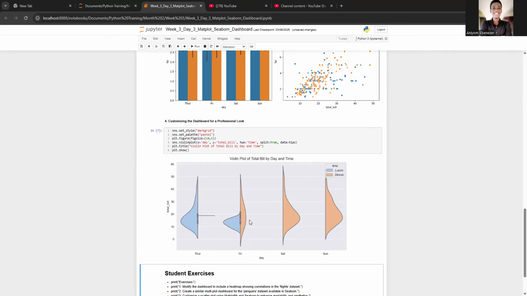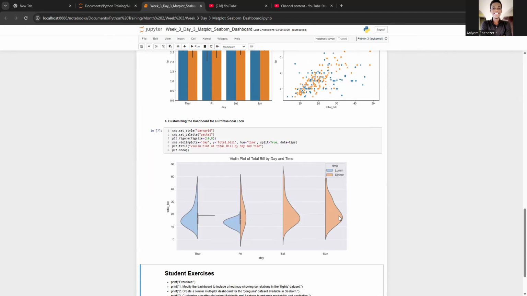For the dinner guys, they bought far beyond $20, right? If you look at this shape here, it's telling you where the data set is dense, the area where we have more data points, or more people purchasing. On Saturday we didn't have lunch. On Sunday there was no lunch, but dinner.